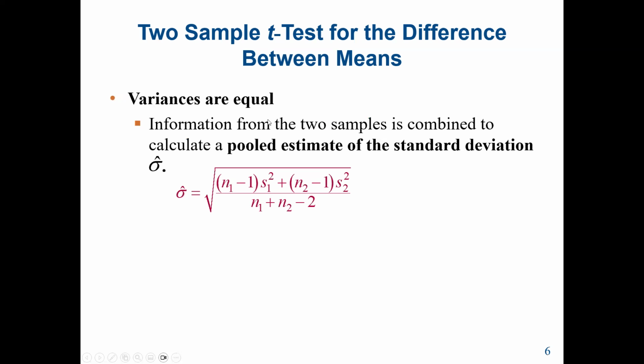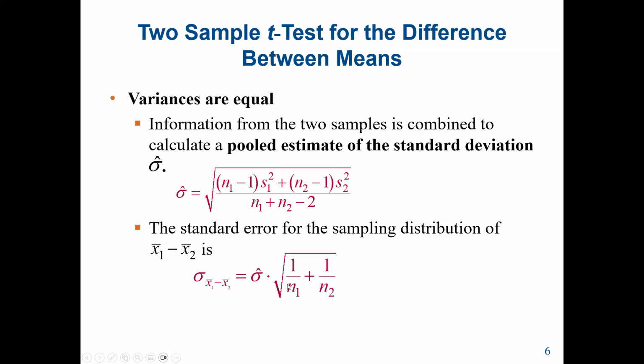First, if the variances are equal, then the information from the two samples is combined to calculate the pooled estimate of the standard deviation, which gives us this formula. N1 is the sample size for the first sample, N2 is the sample size for the second sample, and S1 squared and S2 squared are the variances for the two samples.